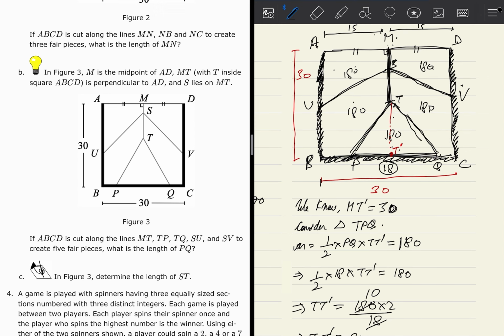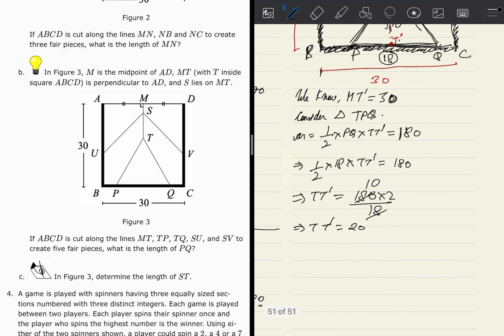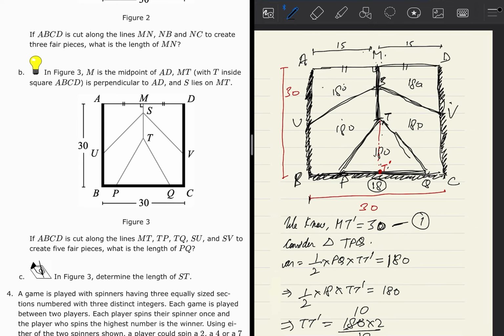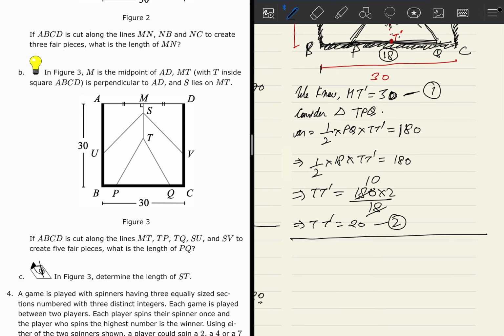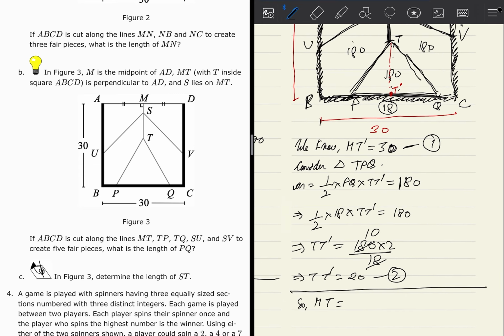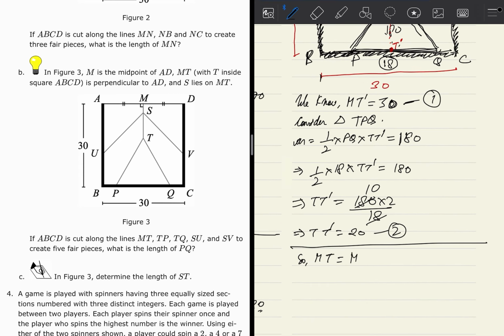So if T dash is equal to 20, from 1 we already know that MT dash is 30, T dash is 20. So what is MT? MT is equal to MT dash minus T dash.